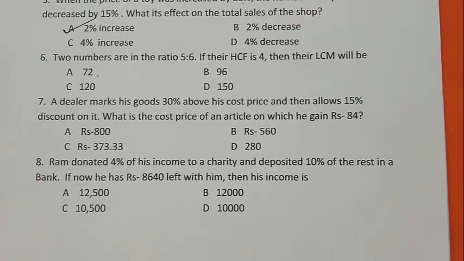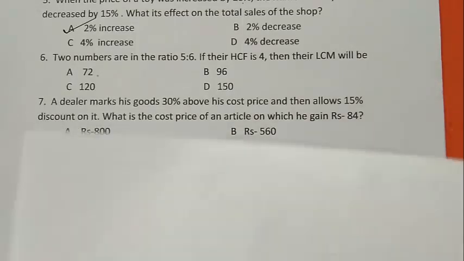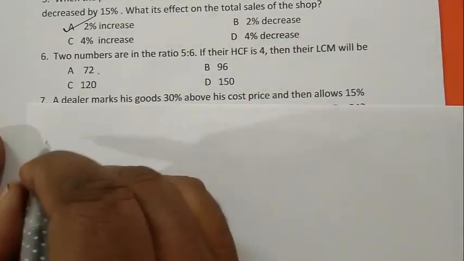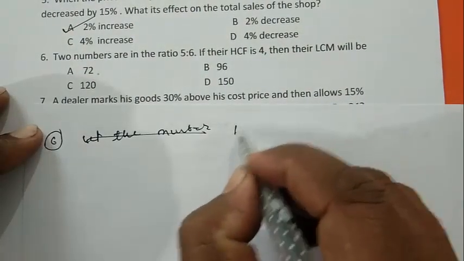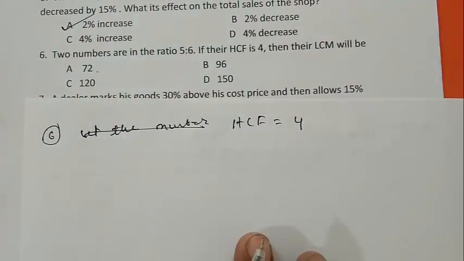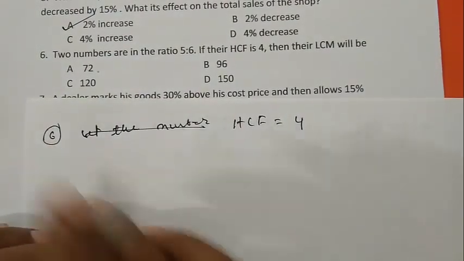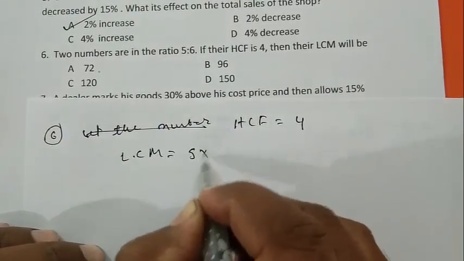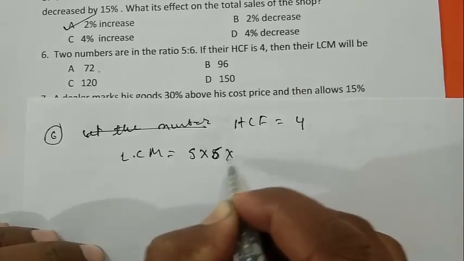Question number 6. Two numbers are in the ratio 5:6. If their HCF is 4, then their LCM will be. Two numbers 5 and 6, HCF is 4, so simply we calculate LCM equals 5 into 6 into 4.